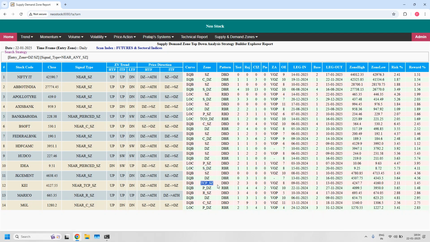KEI is having a high liquidity supply zone. Marico is having a high liquidity supply zone. And MGL is having a high liquidity daily supply zone. So total we identified 4 high liquidity supply zones, stocks near daily supply zone.